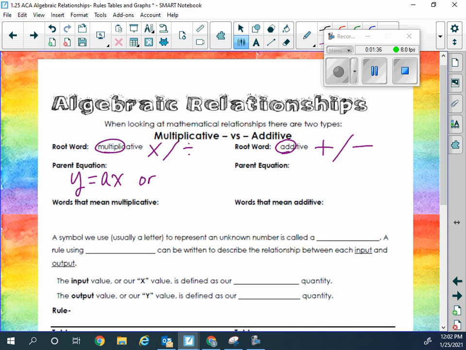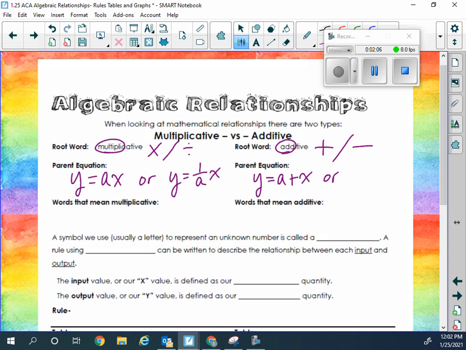Or, what did it look like for division? You guys remember? That's right, it was times a half. So then that would be 1 over a, because it could be half or ninths or fourths or whatever it is. For addition, it would be y equals a plus x.